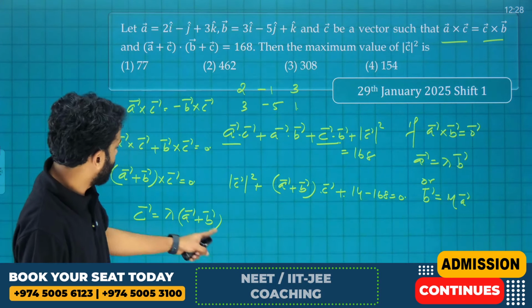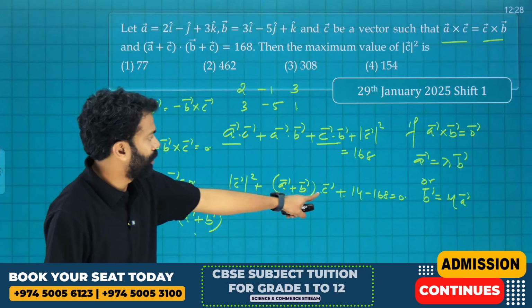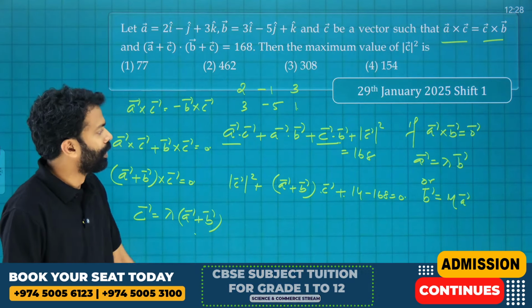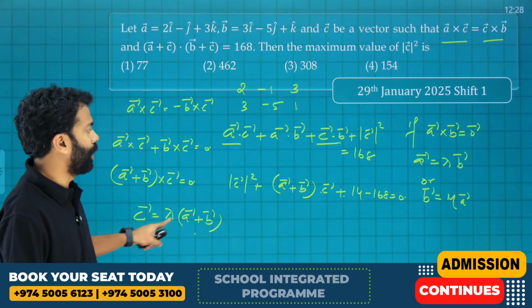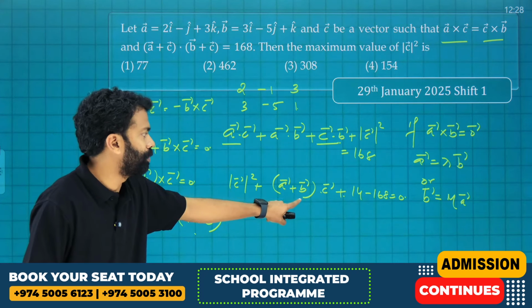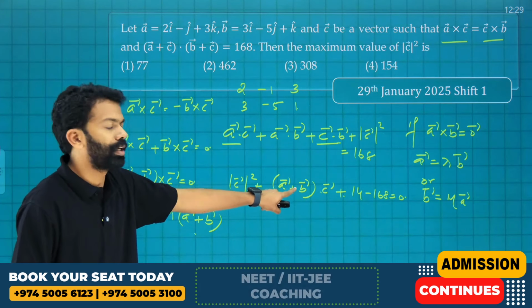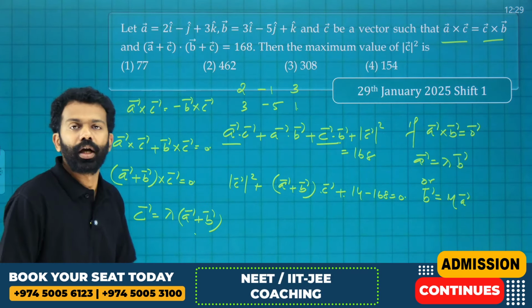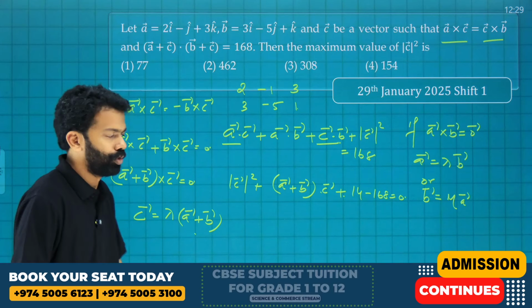And what is vector C? Lambda into (vector A plus vector B). Be careful, I am skipping a step here. Vector C is equal to lambda into (vector A plus vector B). So the magnitude of C square becomes lambda square into magnitude of (vector A plus vector B) the whole square, and (vector A plus vector B) dot vector C becomes lambda into again magnitude of (vector A plus vector B) the whole square.